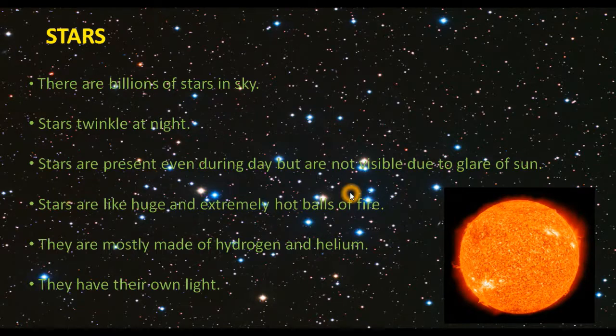That is why stars emit heat and light continuously. So stars have their own light. They are luminous objects because they emit their own light, and that heat comes from the nuclear fusion reactions happening inside the nucleus of the stars.